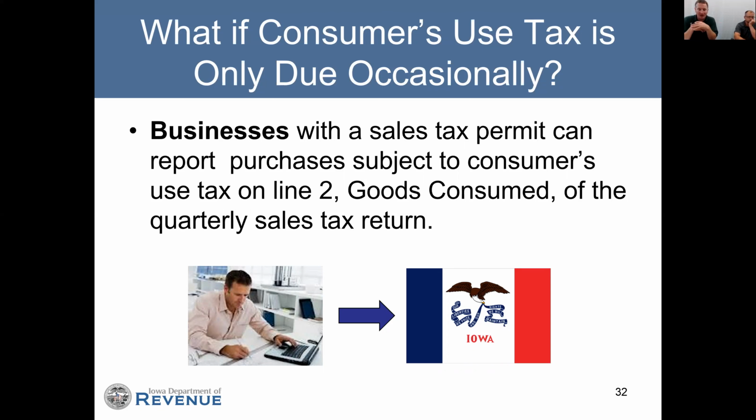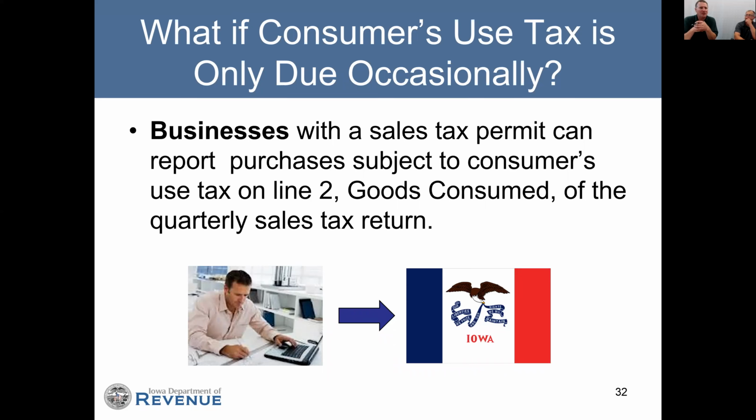We'll stick with the haircutting examples today. A barber would have a sales tax permit because barber and cosmetology services are subject to sales tax. So let's say that a couple times a year, a barber buys some equipment or tools of the trade, so to speak. Maybe they buy a new set of clippers and some combs. They do this maybe 3 times a year.